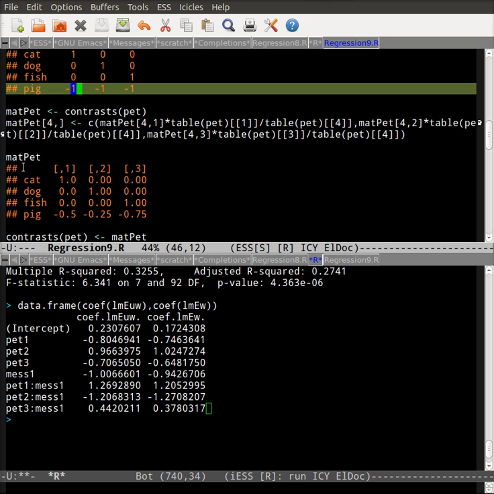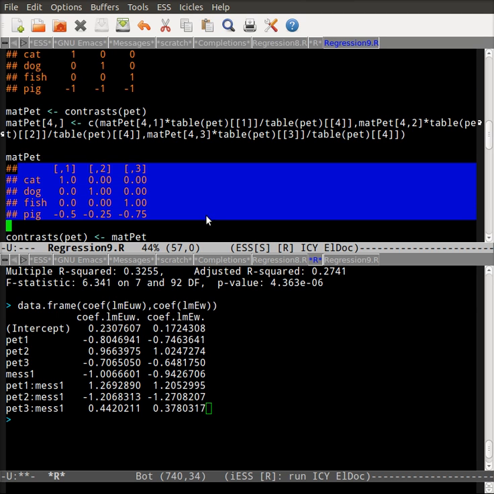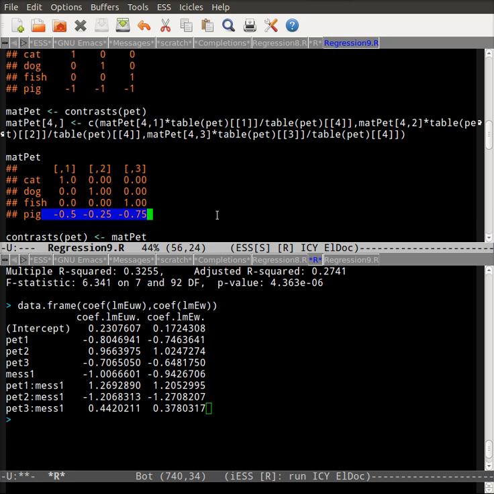And so this is a weighted effects coding where the weights reflect the changes in frequencies for each of the effects. So here I've got -0.5, because pig, remember, is our comparison, so that's always going to be minus. But you'll notice here that I have a 0.5, because there are far more pigs than there are cats.